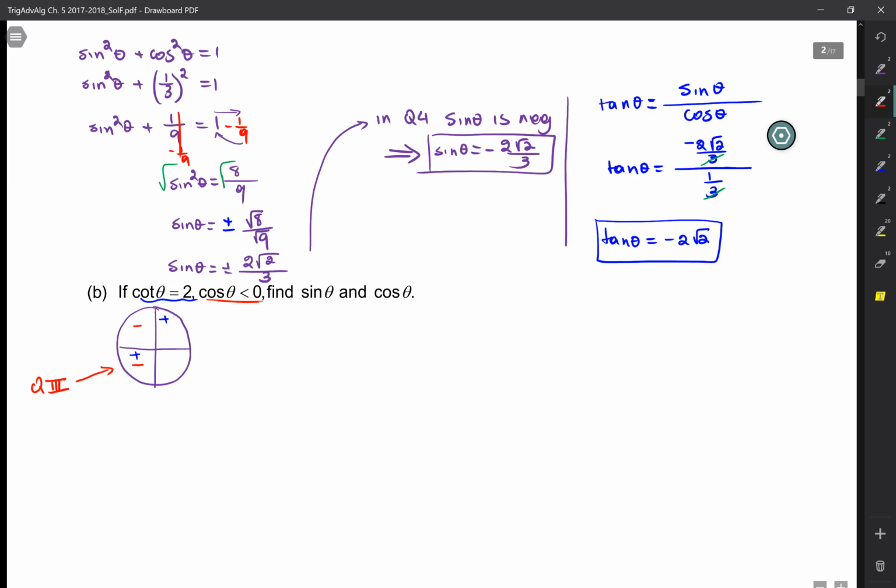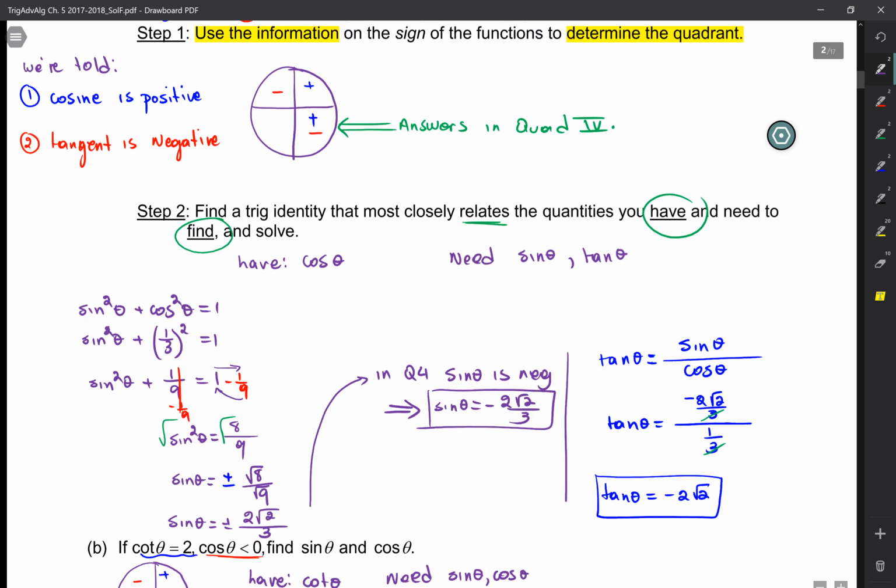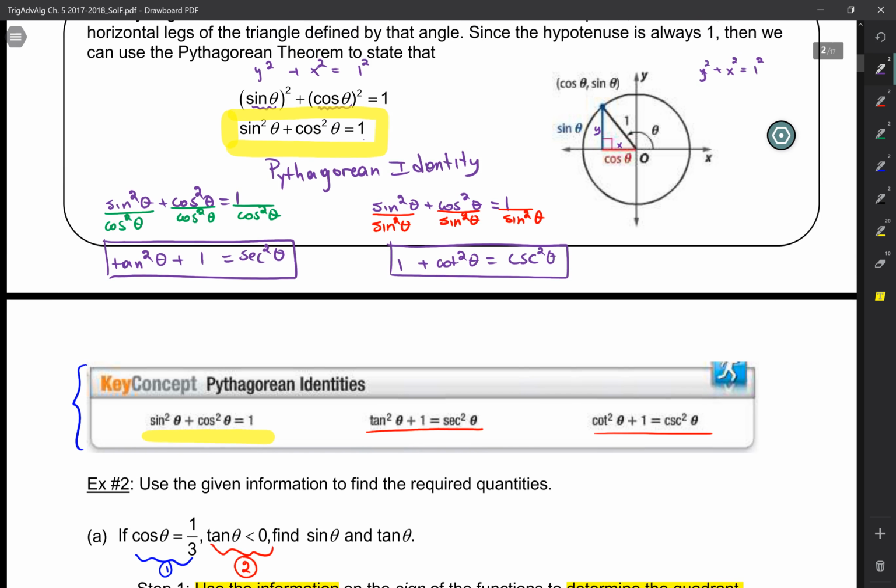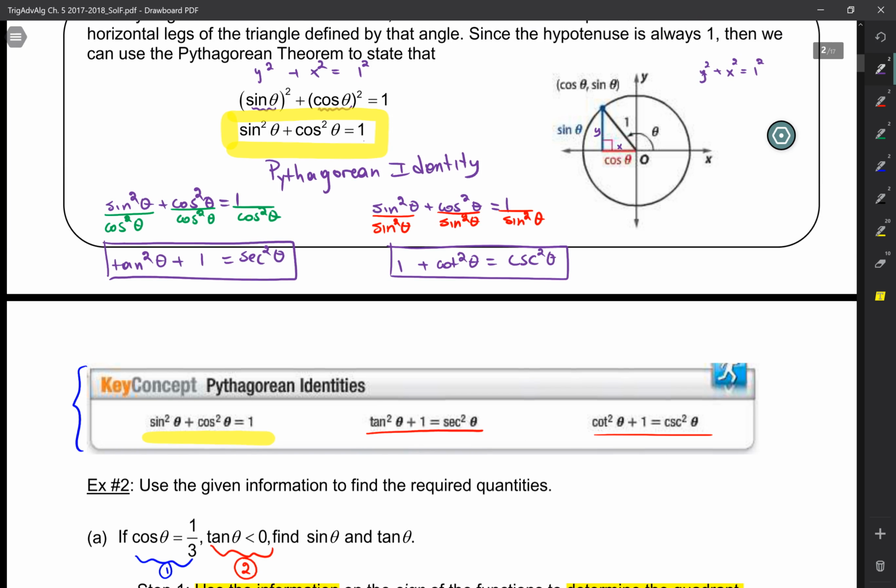Okay, now I have cotangent. I need sine and cosine. So are there any identities that relate cotangent to sine or cosine? So this one relates cotangent to cosecant, and cosecant is what?